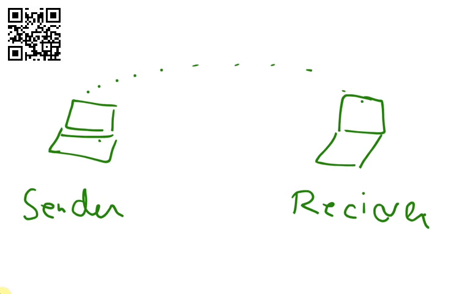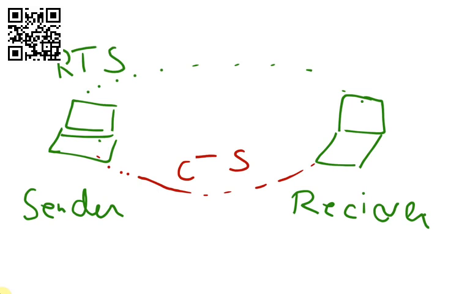Let us suppose we have two laptops in our network, and this is a sender, and the sender would like to send the data to the receiver. So how will it operate? The sender will send a request, that is request to send, and if the receiver can receive the data, then it will send a signal CTS, that is clear to send.